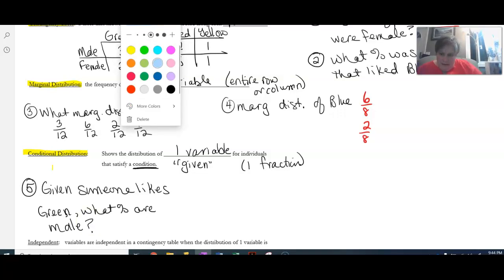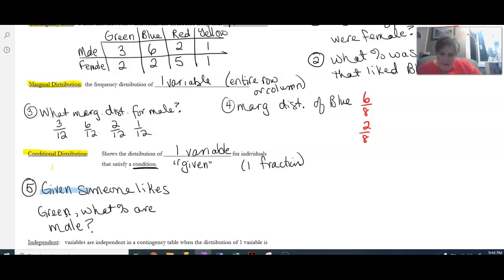Do you see that it says given someone likes green? That means I'm only supposed to look at green. I only look there. I ignore everything else. I just look at green. So that's the all of green. All of green is 5. Out of this one, because I'm covering it up, if I was in class, I would physically take my hand and cover my paper. So out of that, the percent that are male is 3.